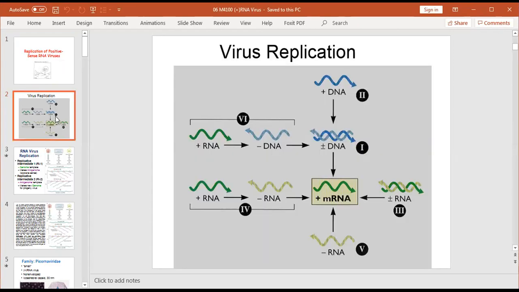Slide number 2 is a depiction of various classes of viruses based on Baltimore classification, and their modes of replication.